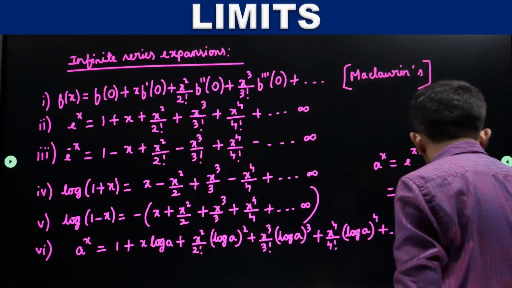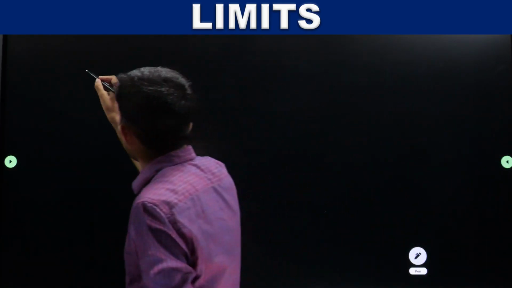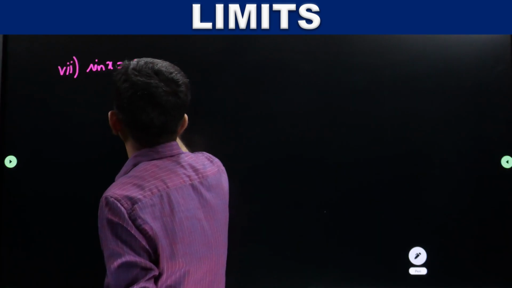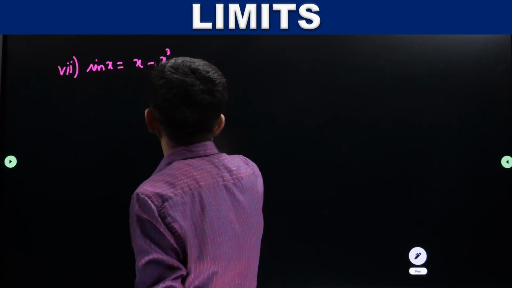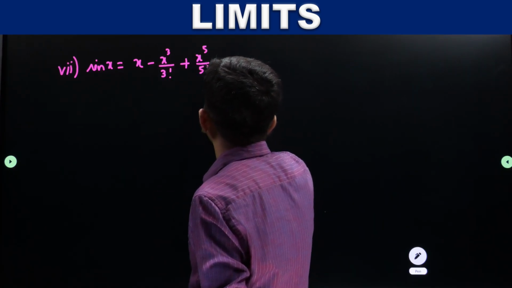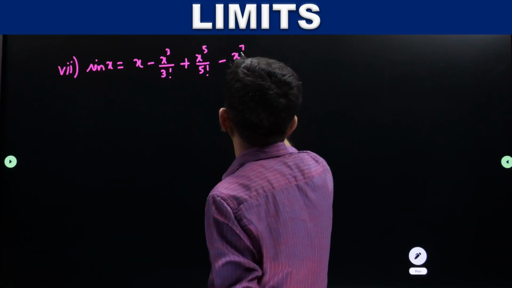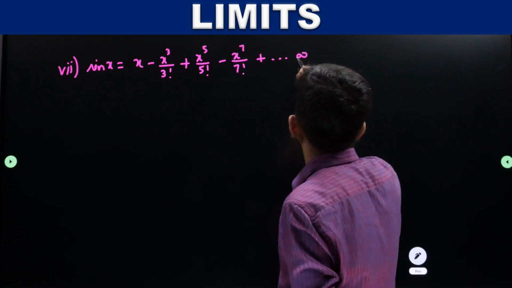Next we'll go to trigonometry functions, sine, cos, tan, all those things. You can write the series expansion for sine x. Sine x is given by x minus x cube divided by 3 factorial plus x power 5 divided by 5 factorial minus x power 7 divided by 7 factorial, etc., up to infinity.